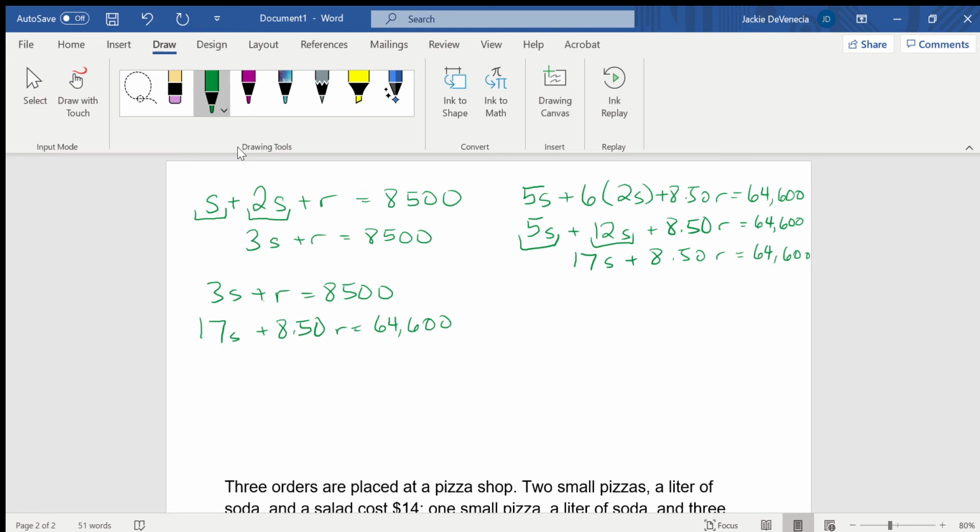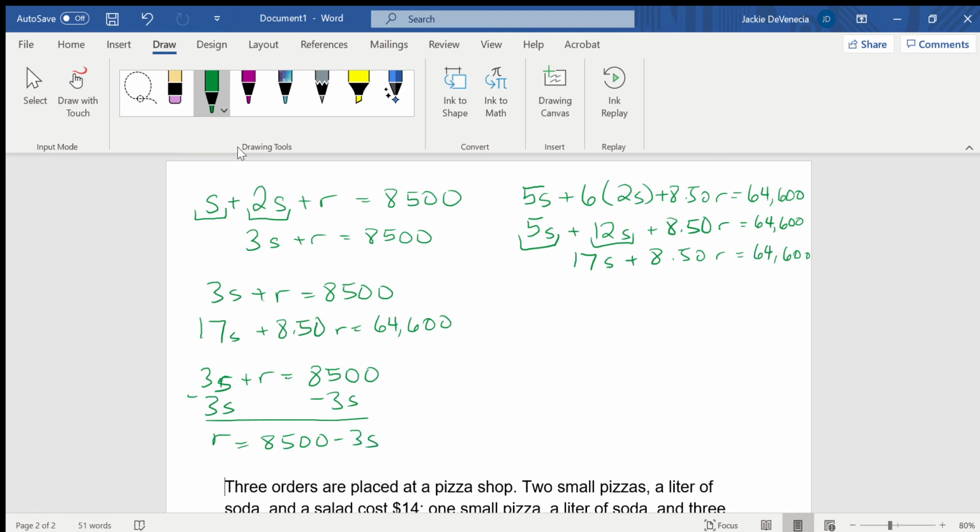The first equation, you see R is by itself, right? And it's a positive 1 in front. So it'll be easy for us to turn this whole equation in terms of R. So, oh, this is an S. So I'm going to subtract S on both sides. And you're going to get R is equal to 8,500 minus 3S.